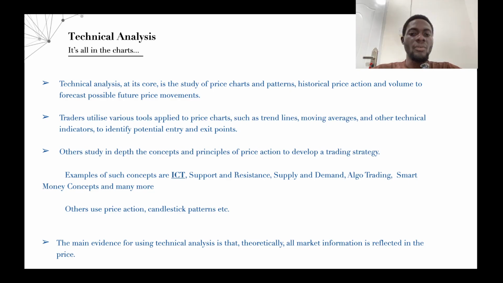When it bounces, you can take your entry and put your stop loss below the trend line, and put your take profit above or at the high that was recently created before price started going down to hit the trend line again, and then you can see profits from there.